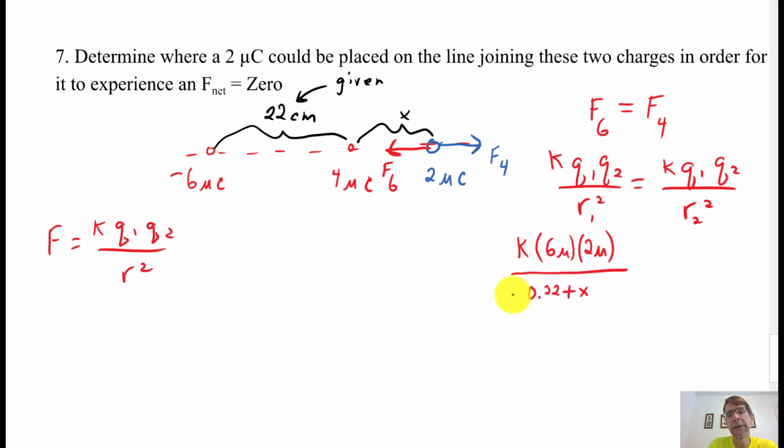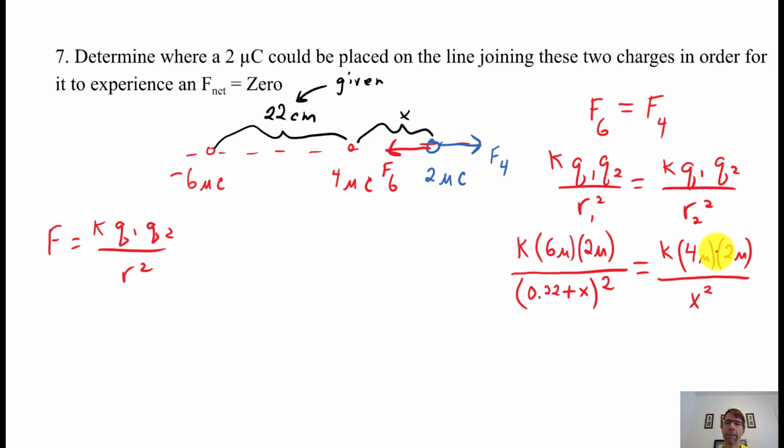That could be problematic. Equals k times, for the 4, the 4 micro times the 2 micro, divided by the simple distance there, x squared. Those are all micros in that equation. They're not units like meters or mega.